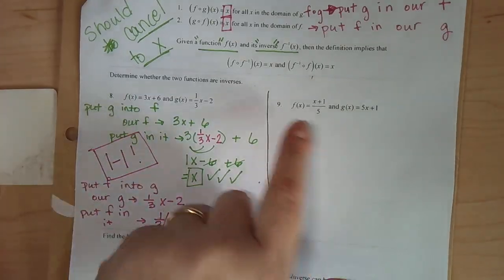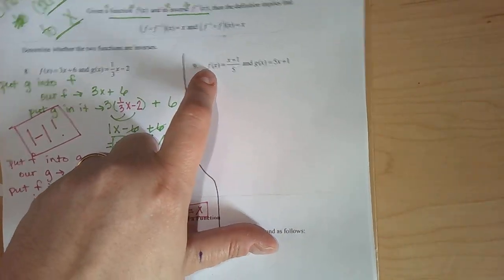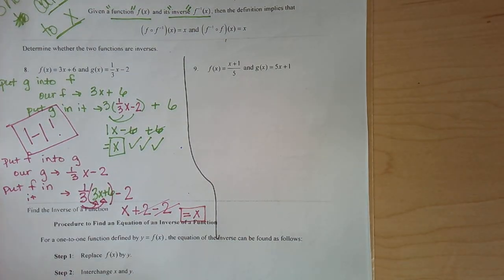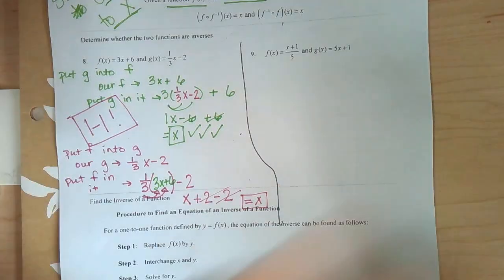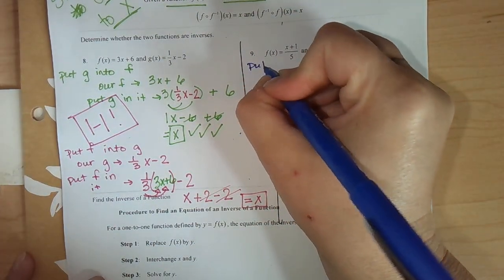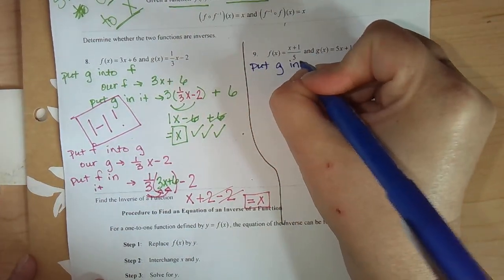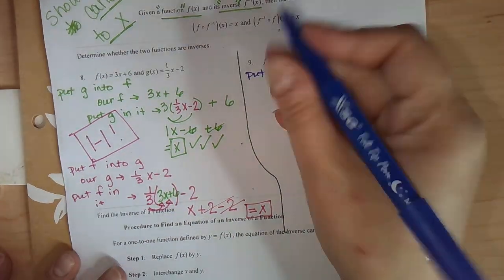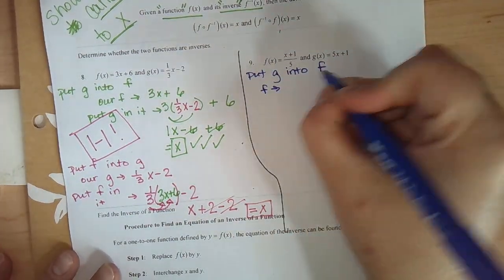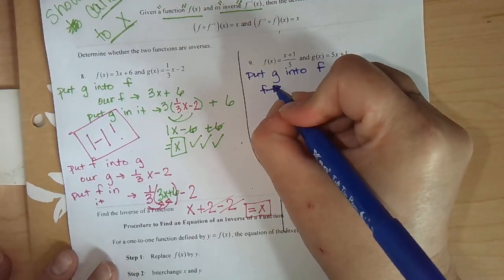Okay, so let's keep going with the fraction rules. On number 9, we're going to do the same-ish thing we just did. So first, let's put g into f. So first, let's write down my f thing. Okay, my f thing is this weird fraction.